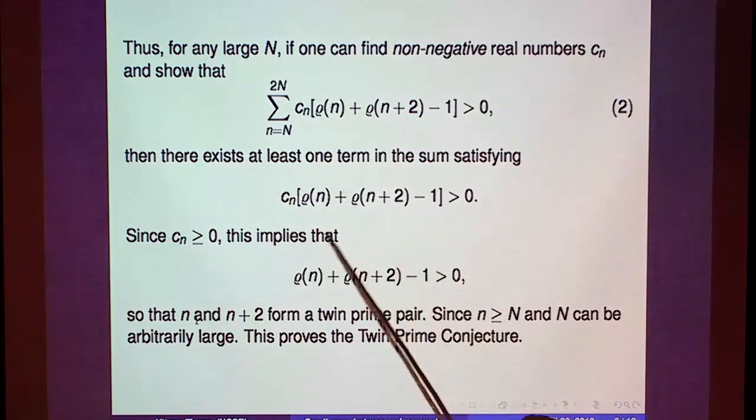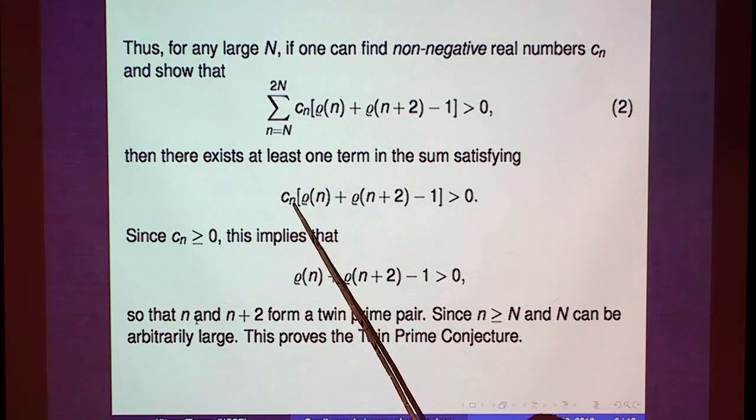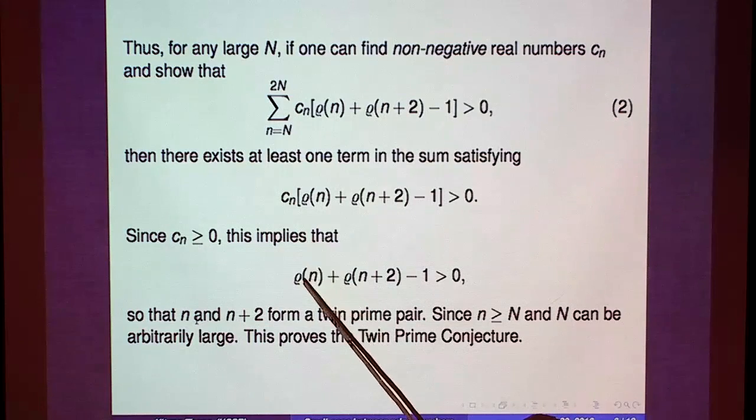But the coefficient C sub n is non-negative and the product is positive, so C sub n must also be positive, cannot be 0. So for such an n, this is greater than 0, so n and n plus 2 form a twin prime pair.